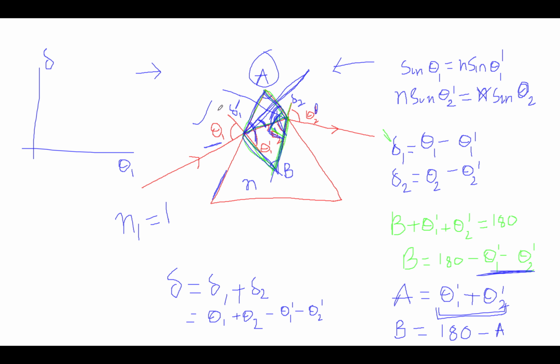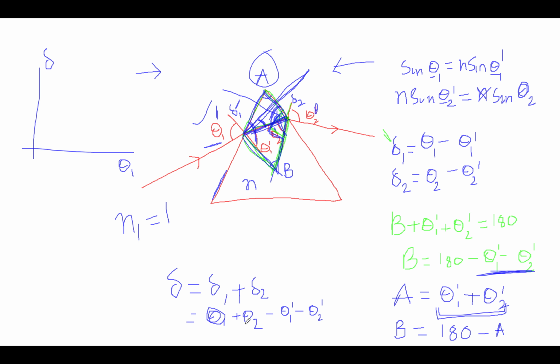Now as I change this angle of incidence, theta 2 is going to change, because theta 1 determines theta 1 prime, and theta 1 prime then determines theta 2 prime, because that's what decides how the ray goes inside the medium this way. And so all these parameters are dependent except theta 1. Theta 2, theta 1 prime, and theta 2 prime all are dependent on theta 1. So delta is really a function of theta 1, right?